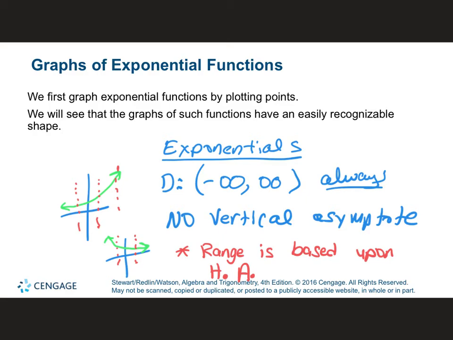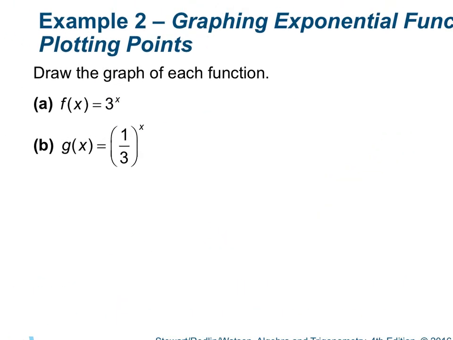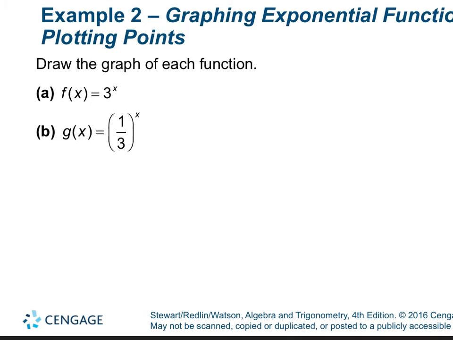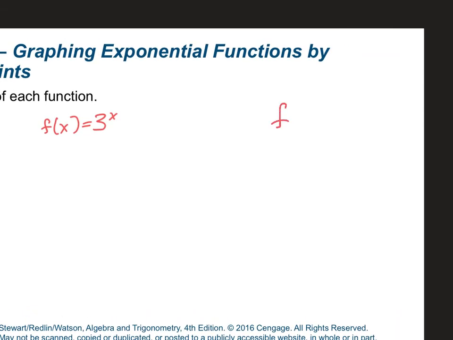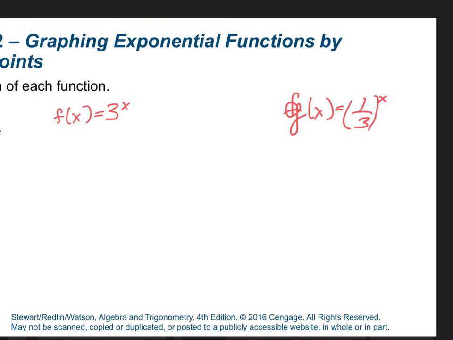Everybody got that? Okay. So if you notice, I have here f of x equals 3 to the x. And then over here, g of x equals 1/3 to the x. What do you guys notice about these two? Do they look kind of similar?